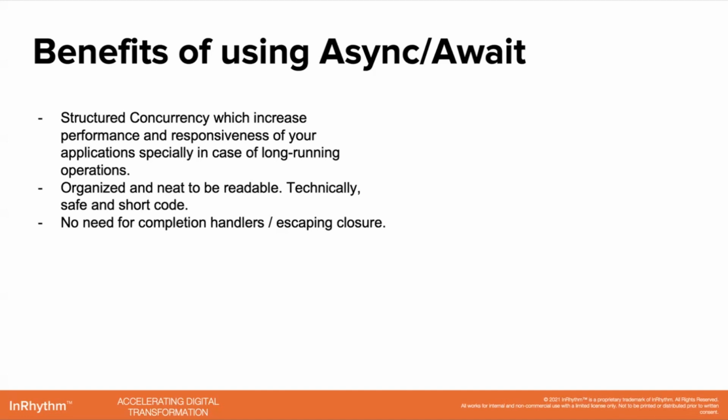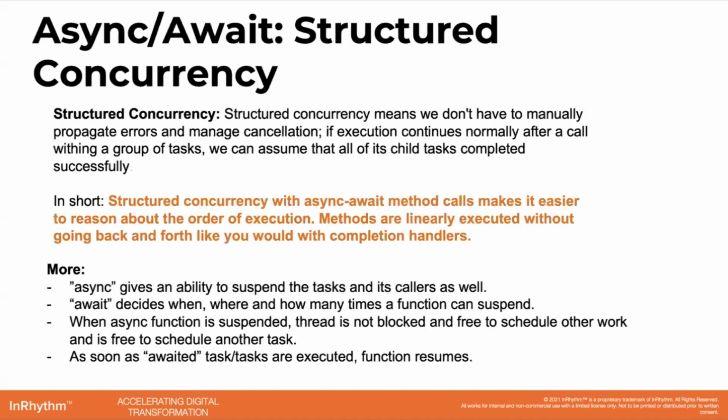A completion handler is a higher order function that is passed inside of another function as an argument, and that escapes once that function actually finishes its execution. Now we don't need completion handlers or escaping closures in Swift with async await.